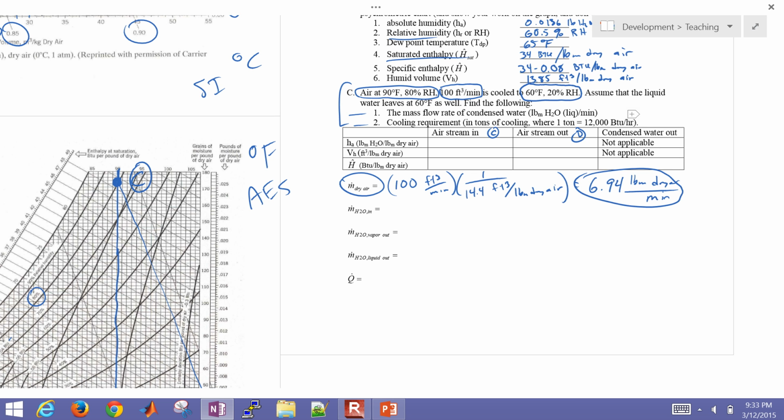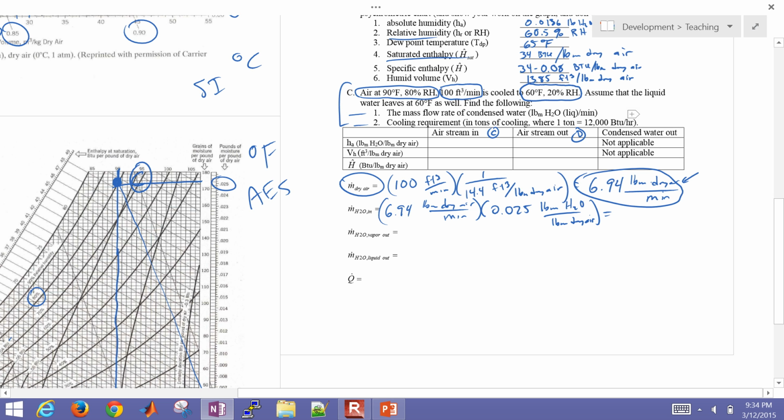Okay, so let's get the water that's coming in as well. If I draw it over here, I get my pounds of moisture per pound of dry air. This is my pounds mass of dry air per minute, so I just need to multiply by that fraction. So 6.94 pound mass dry air per minute, multiplied by 0.025 pound mass of water per pound mass dry air.